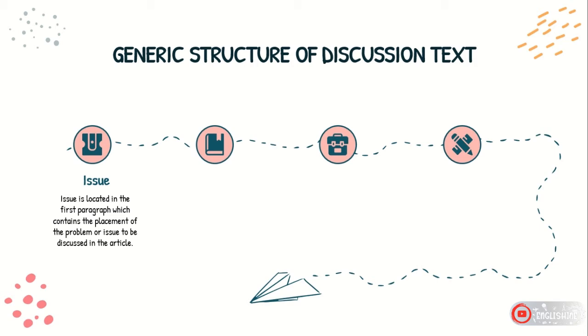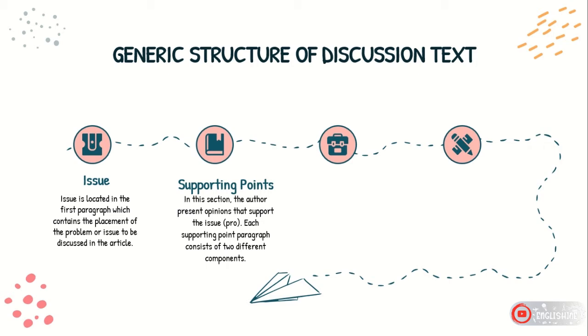And now I'm gonna explain about the issue section first. Issue is located in the first paragraph, which contains the placement of the problem or issue to be discussed, or the presentation of the issue to be discussed in the article.